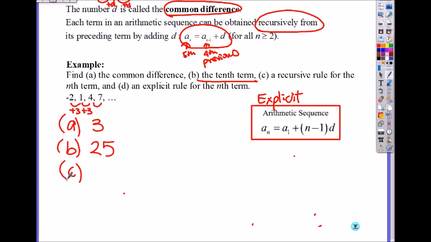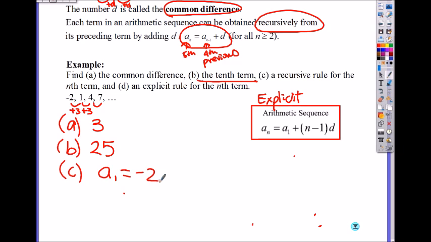C, recursive. For recursive, you have to give me 2 things. The first thing is always the very first term, because if you don't have the first term, you cannot find the second term, right? So you always have to give me the first term, which is negative 2.